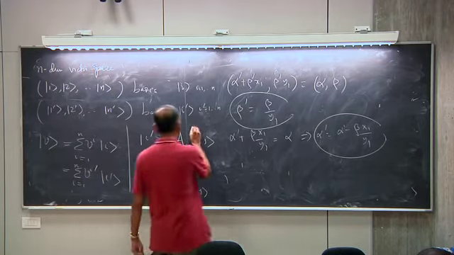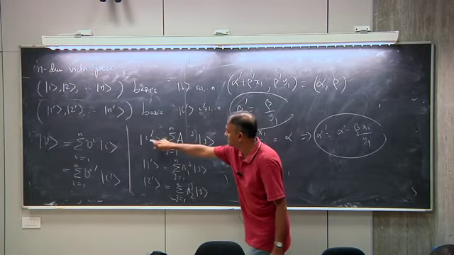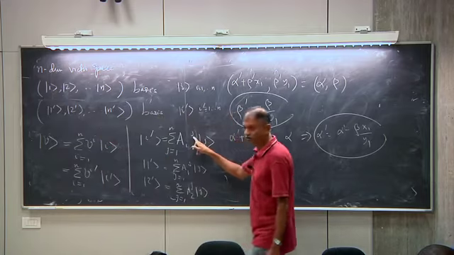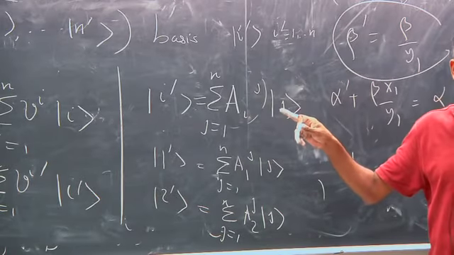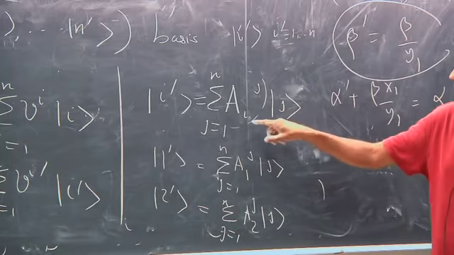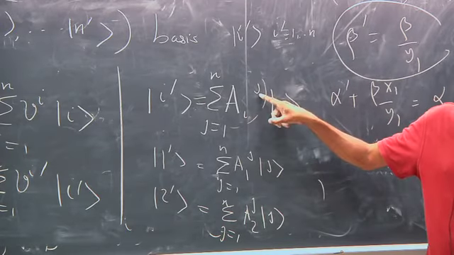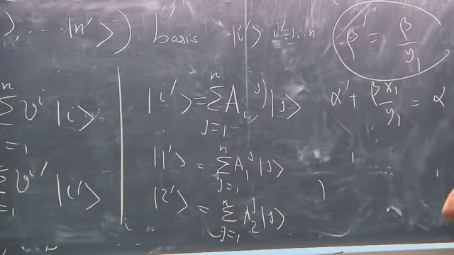Now here, if you look at this guy, this i goes from 1 to n because there are n such vectors, right? And j also goes from 1 to n. So you can think of this as an n by n matrix, where i labels the row and j labels the column. Let me just write it like this.